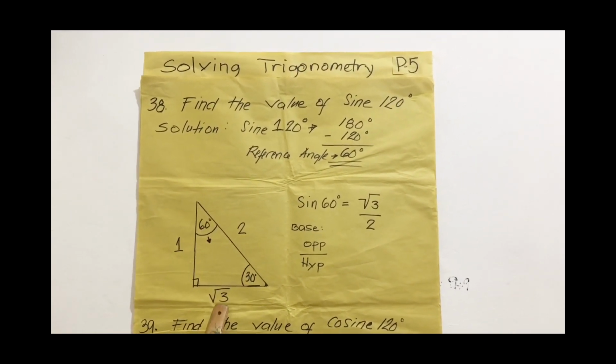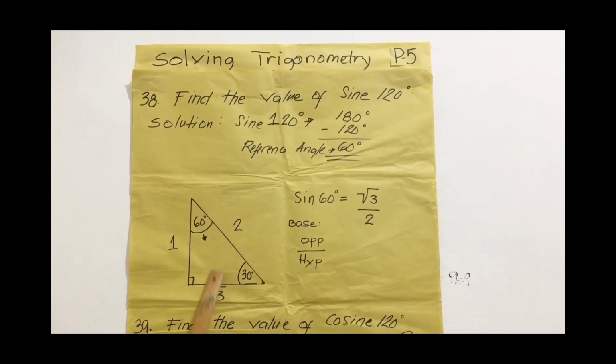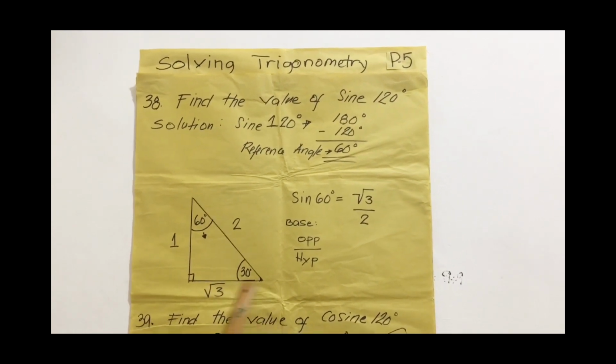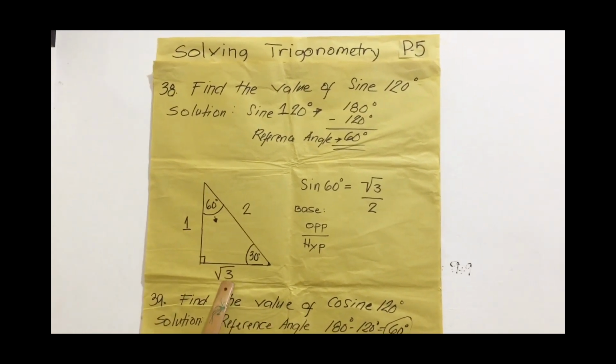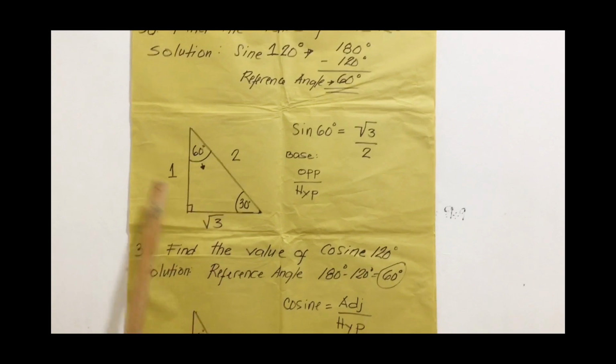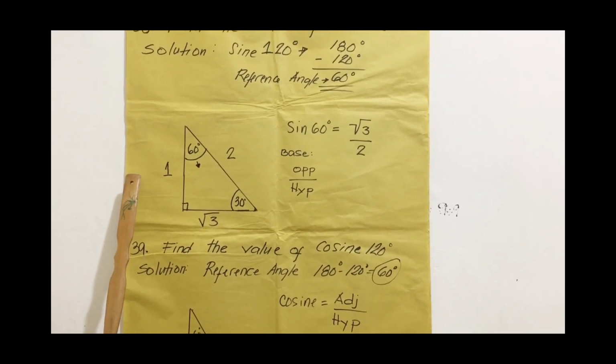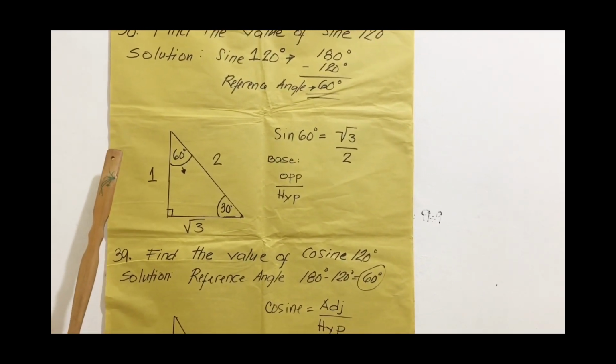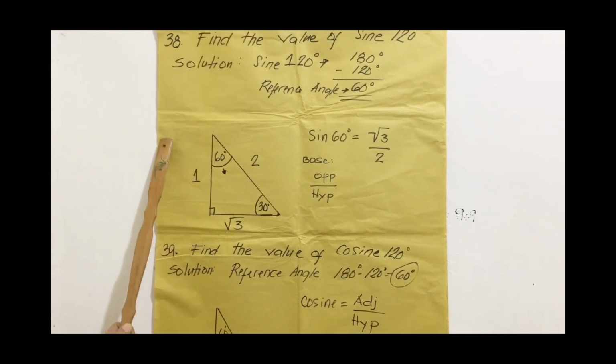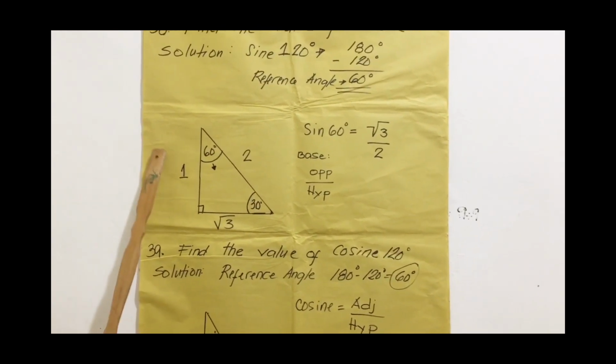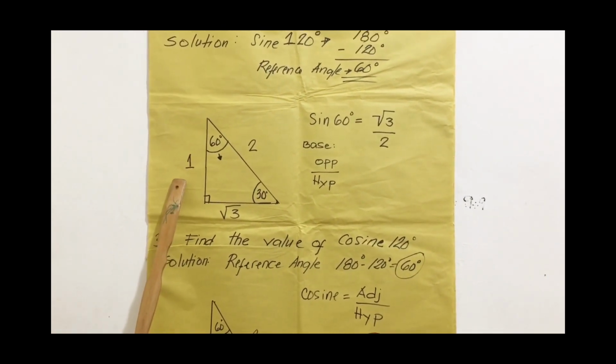Then to find the side opposite 60 degrees, we will use the Pythagorean theorem. Remember the formula is c squared equals a squared plus b squared.